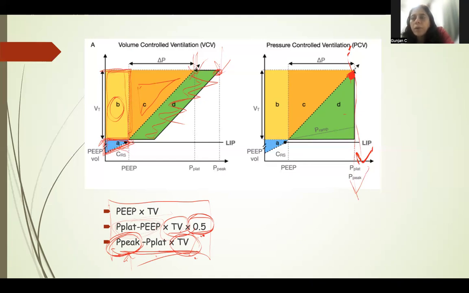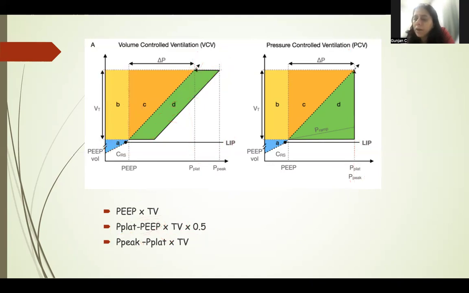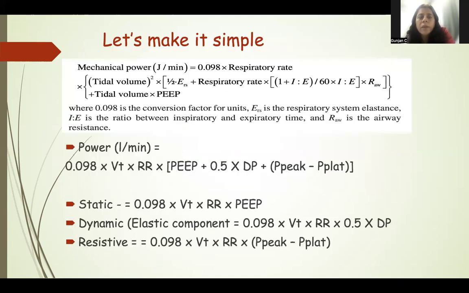And the resistive component will be the P peak minus the P plat, not the PEEP. It is just the difference between these 2 points, the P peak and P plat, multiplied by the tidal volume. Okay. So these are the pressures that you have to take for the resistive work. This is one basic step that we remember, and we go ahead.